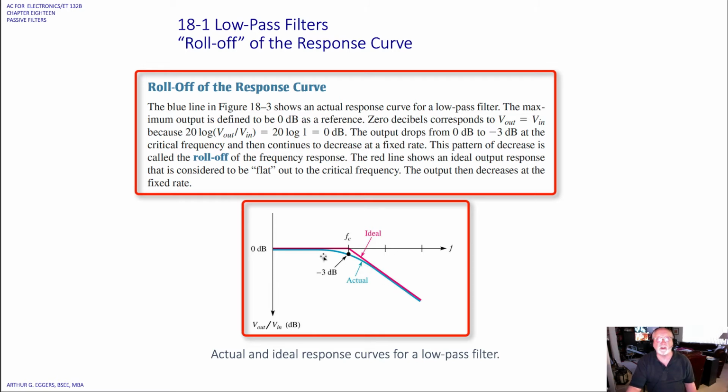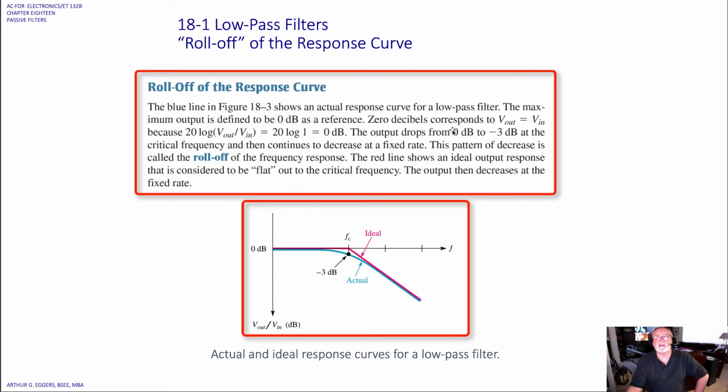If we could make that measurement, we would have what we call the knee right here of the ideal change that would occur instantaneously. We know that our responses do not change instantaneously. The maximum output then is defined to be 0 dB. So that's right on the line here, 0 dB on the y-axis with a change in the frequency.